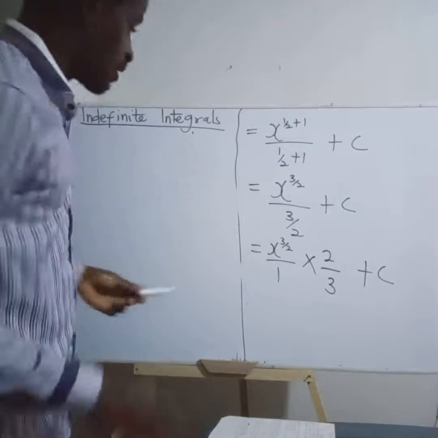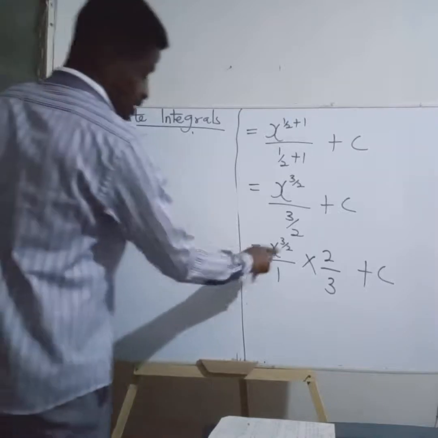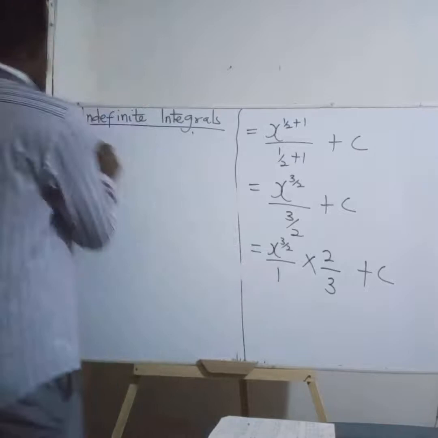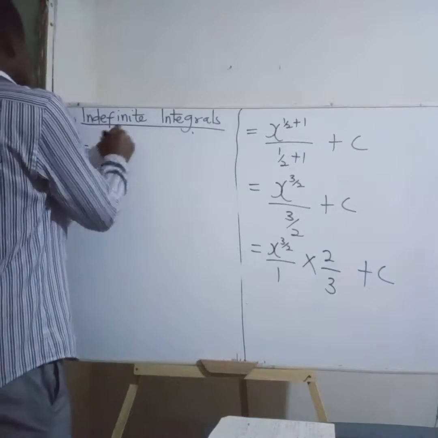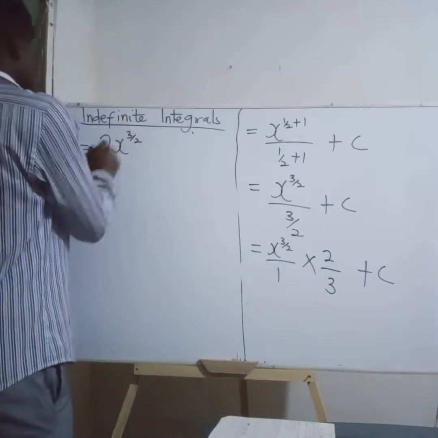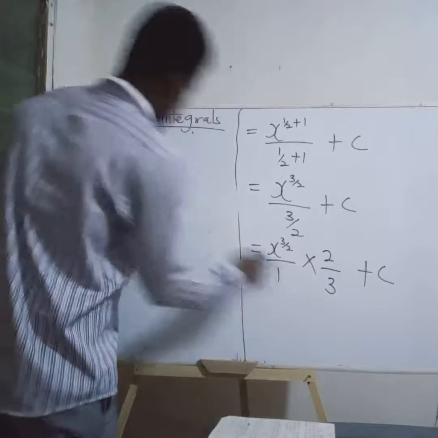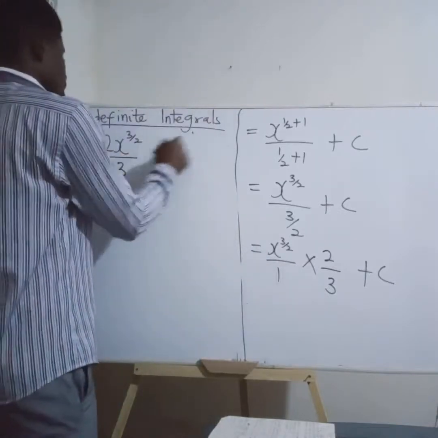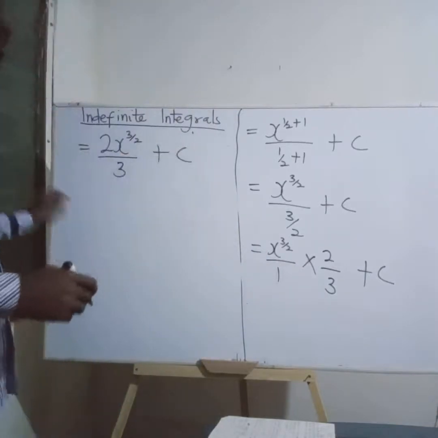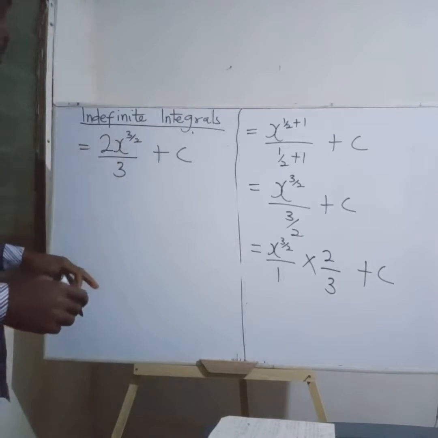So you're going to have x to the power 3 over 2 times 2, which will give us 2x to the power 3 over 2 all over 1 times 3, which is 3, plus c.